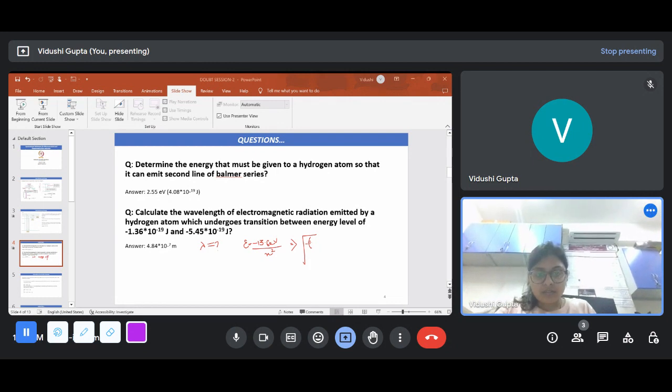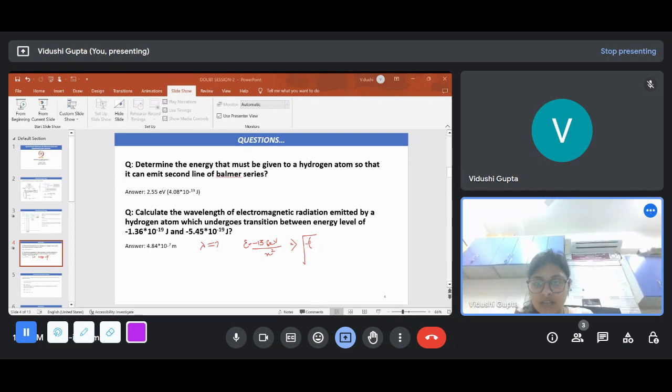Similarly, for another n, it will be like another energy level. Transition between energy level is this minus 5.45 into 10 minus 19.